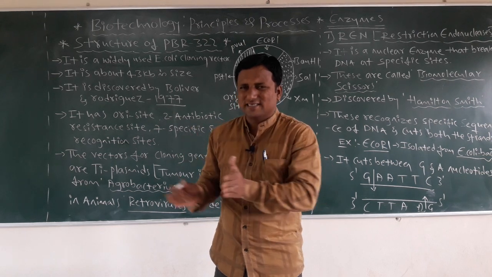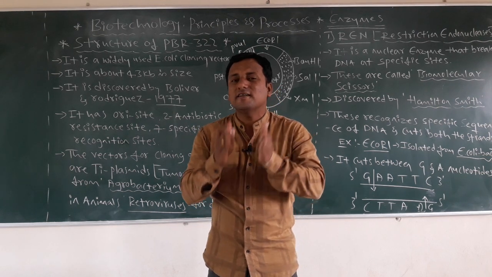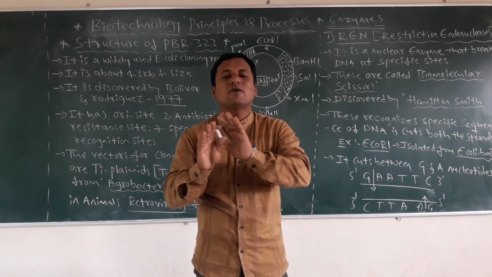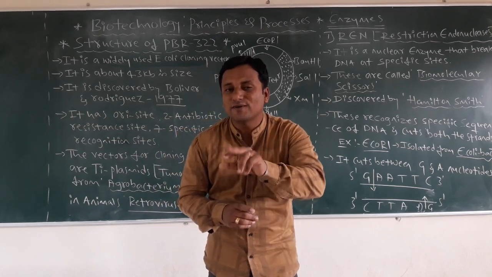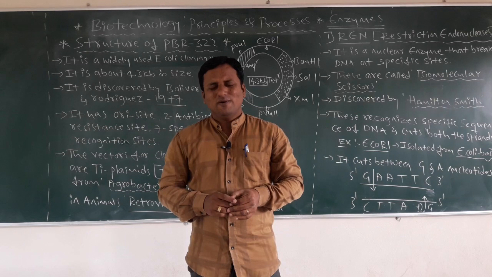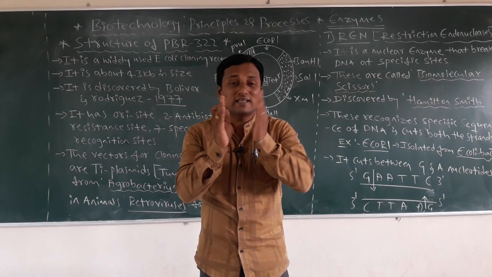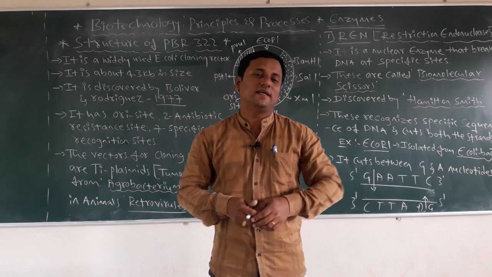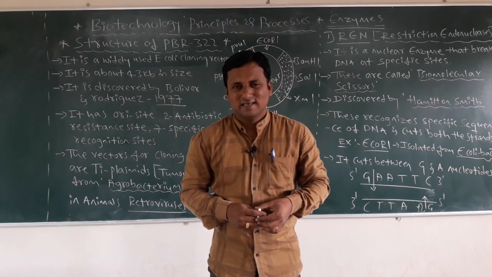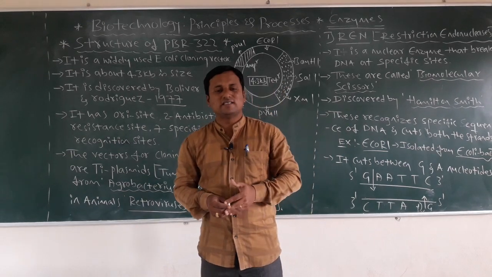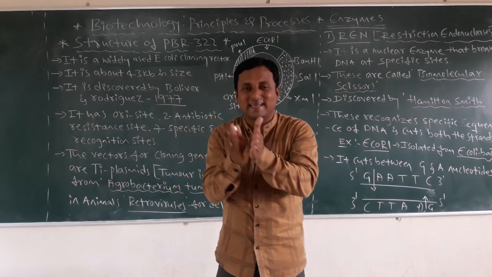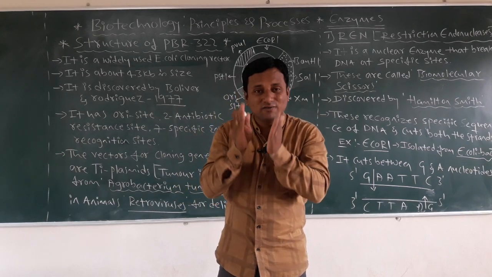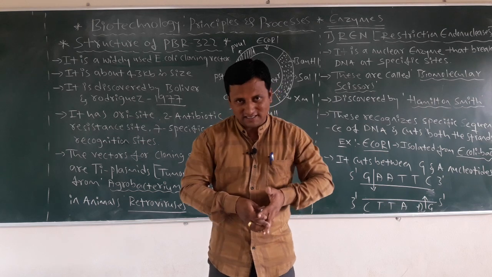In that we discussed the tools which are used in recombination of DNA molecules. What are those tools? Those are required for almost all production of hybrid DNA molecules. So, we discussed yesterday the first tool that we want, called the desired gene, that is the gene of interest.